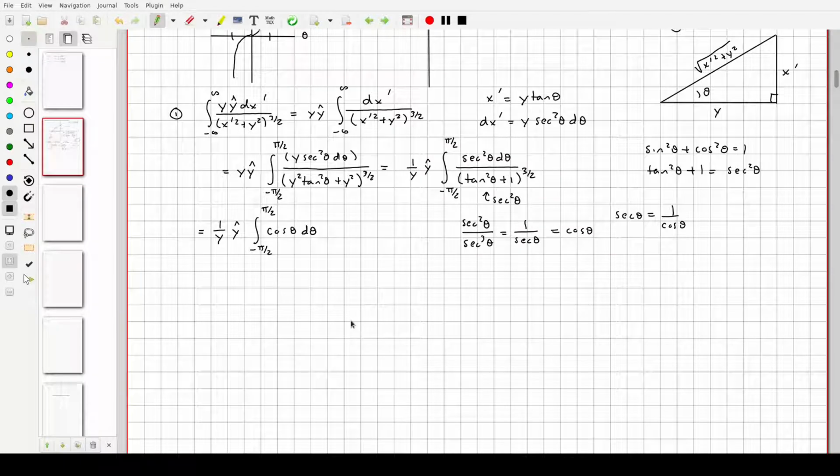Now, the derivative of sine is cosine, which means the antiderivative of cosine is sine. But we have to evaluate this from minus pi over 2 to pi over 2. That's pretty easy to do. Let me just write this out. Oh, why am I putting secant in there? Should be sine, right?